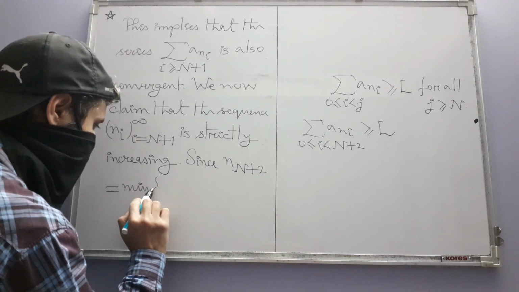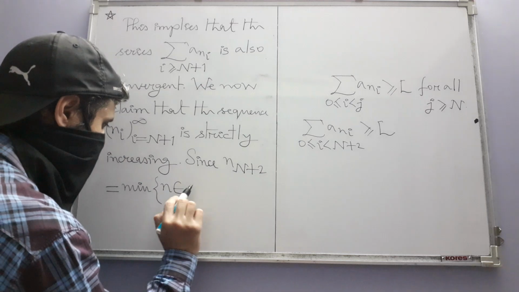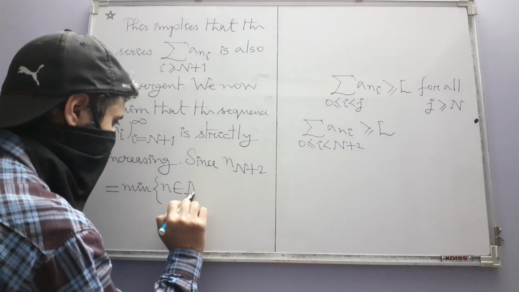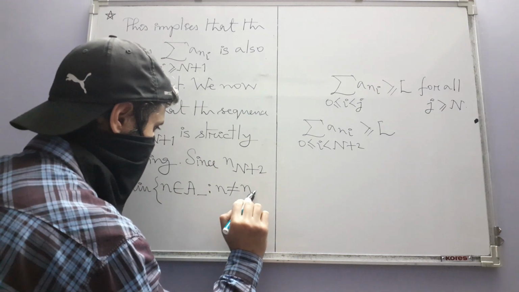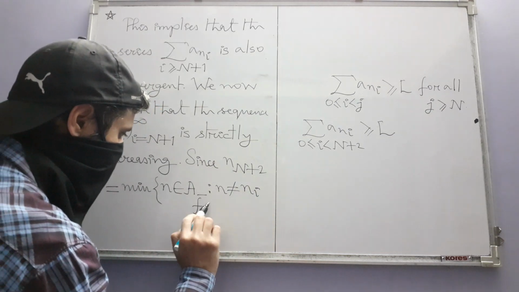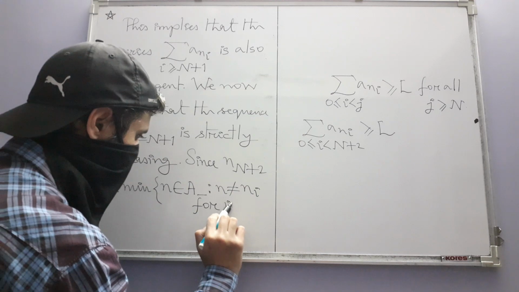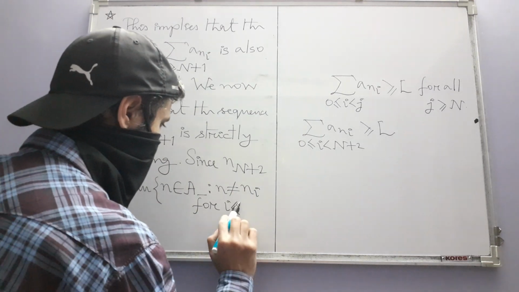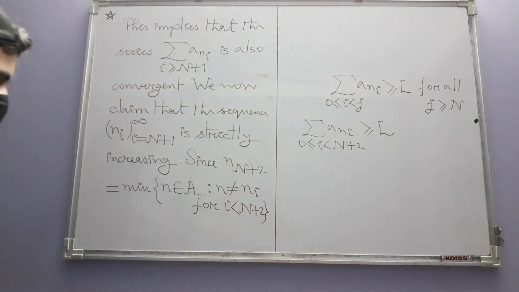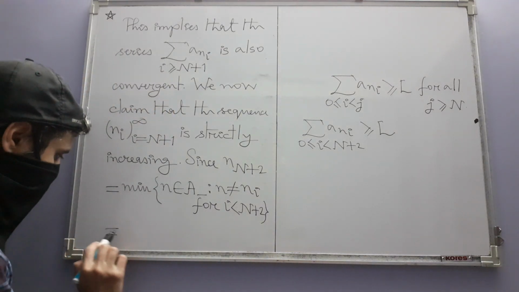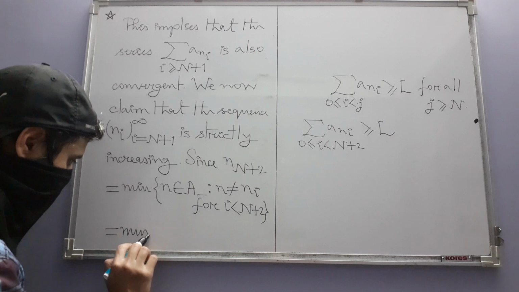It's the minimum of A minus such that n is not equal to ni for i less than n plus 2, which is also, the same thing can also be written like this.